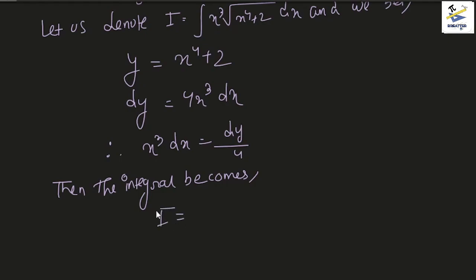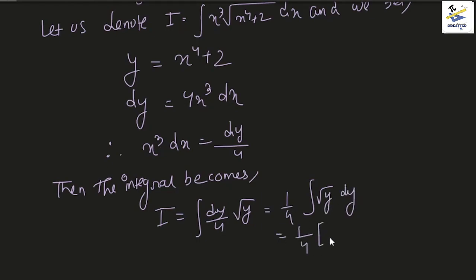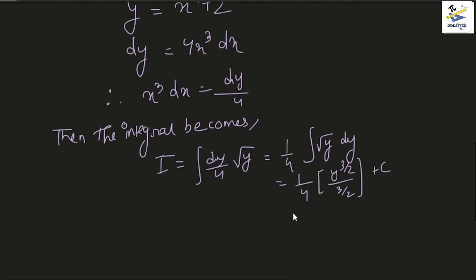and then the integral becomes I equals integral of dy by 4, the x cube dx thing, and this becomes root over y, right? So it's 1 by 4 into integral of root y dy. It's 1 by 4, and integral of root y dy is just y to the power 3 by 2 by 3 by 2 plus c, and this would be 2 by 3 into 4, which is basically 1 by 6.